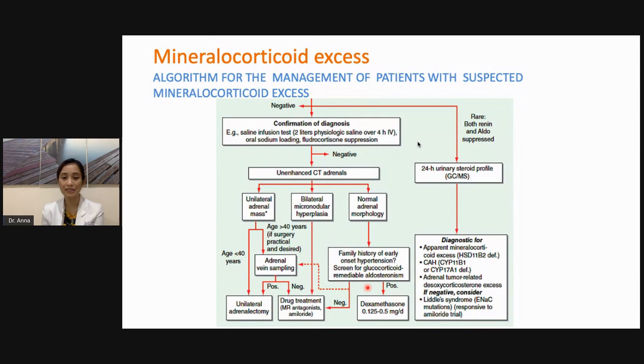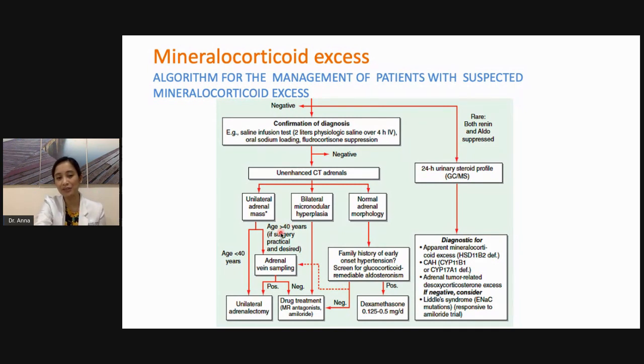No? So you do a CT scan. If you do a CT scan, no, you find a unilateral adrenal mass. If the patient is young, most likely that's the cause. No? You then proceed to your unilateral adrenalectomy.